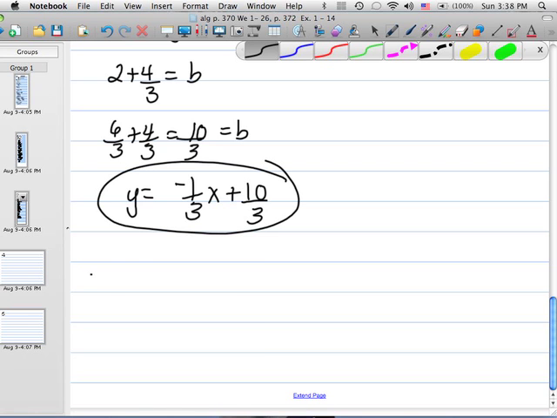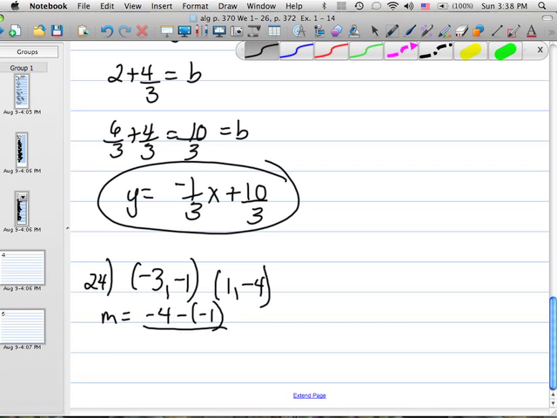Number 24, the ordered pairs are negative 3, negative 1, and 1, negative 4. Slope, change in y, negative 4 minus the negative 1, over the change in x, 1 minus the negative 3. Change those to addition, we get negative 3 over 4.